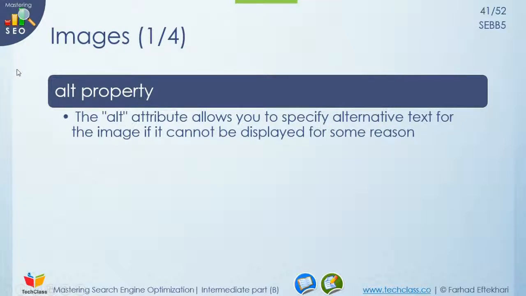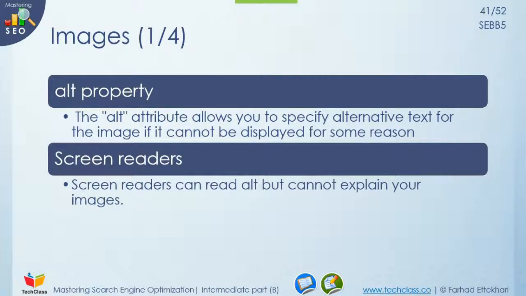This is nice when you sometimes encounter some problem or there is an internet speed problem. You're showing some content related to that image, and also screen readers can read those alt parts of your images. For instance, for people that have sight problems or problems like that, that could also be helpful.